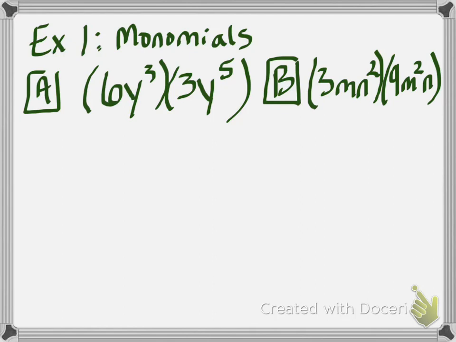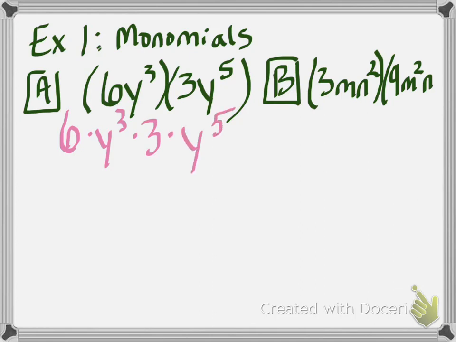So as you can see, this term and this term, they're not separated by an addition or a subtraction sign. Because it's straight multiplication, I can multiply them all together. So if I were to separate it out, it would be 6 times y cubed times 3 times y to the 5th.